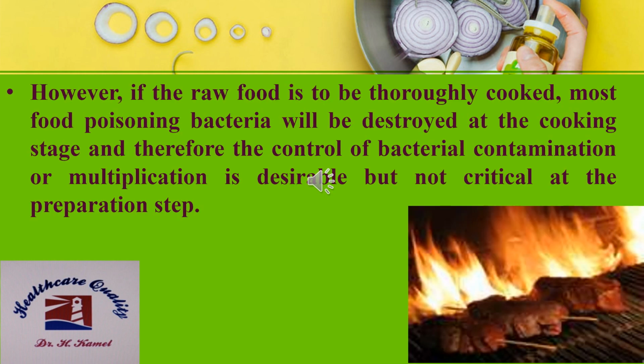However, if the raw food is to be thoroughly cooked, most food poisoning bacteria will be destroyed at the cooking stage, and therefore, the control of bacteria contamination or multiplication is desirable, but not critical at the preparation step.